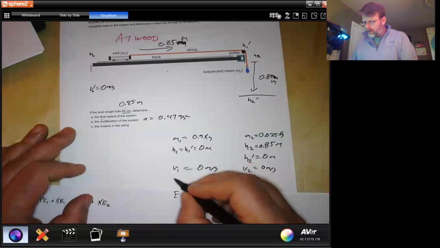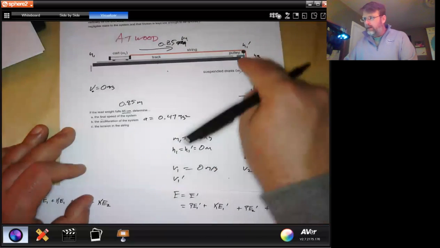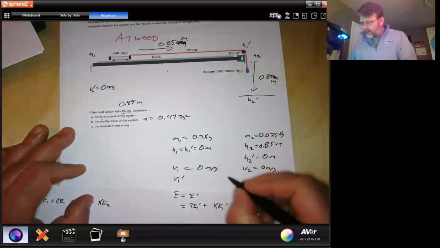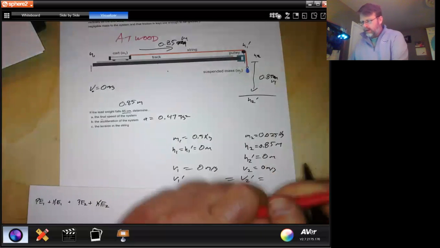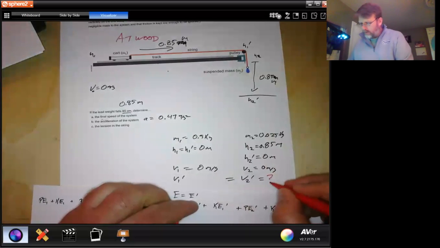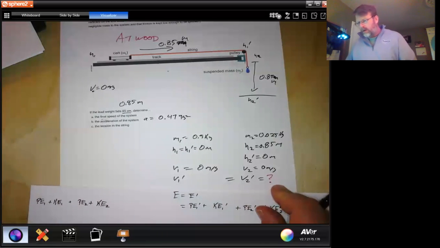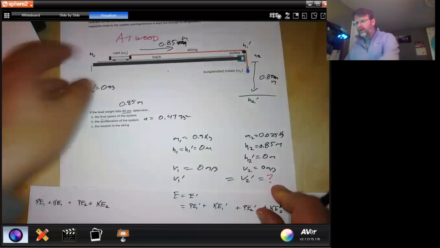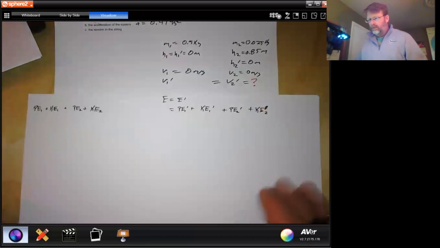And then V1 prime, this is tied together on a string, so that is going to equal V2 prime, and that is what we're looking for. Okay, so that's the goal. All right, so if we have those conditions, then we can start going through this.